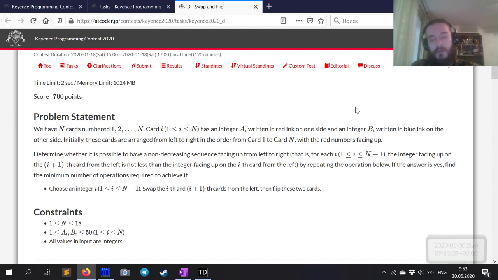Okay, so n is small. We probably need some kind of 2 to the n solution, so some kind of dynamic programming.